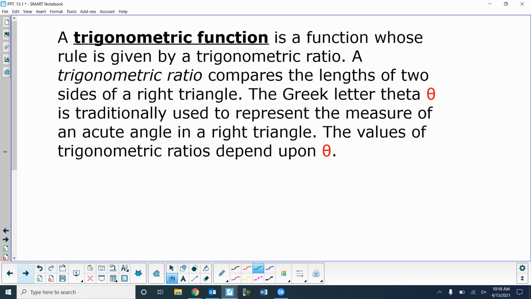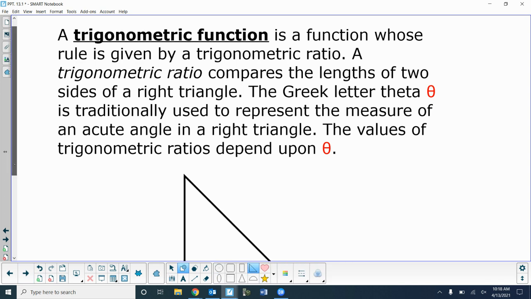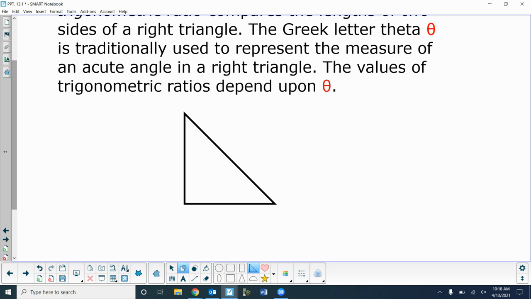So that's going to be in your triangle, here's our right angle. So theta is either going to be here, that acute angle, or up here. Okay?